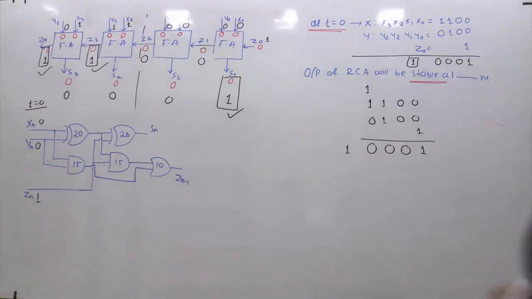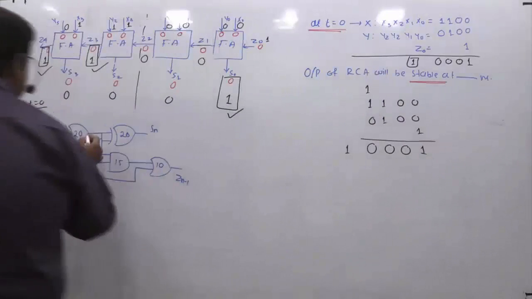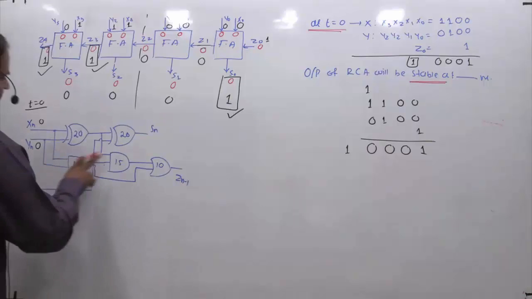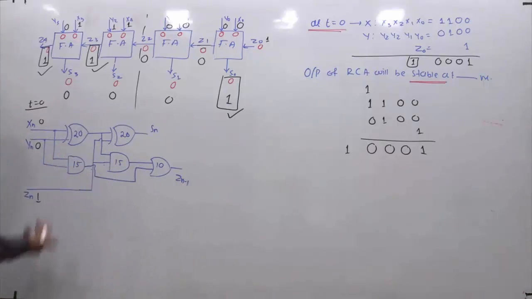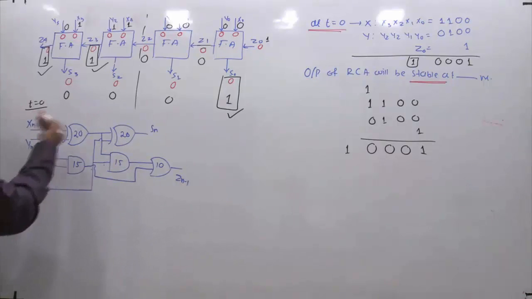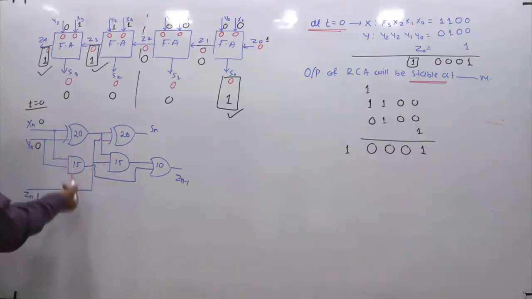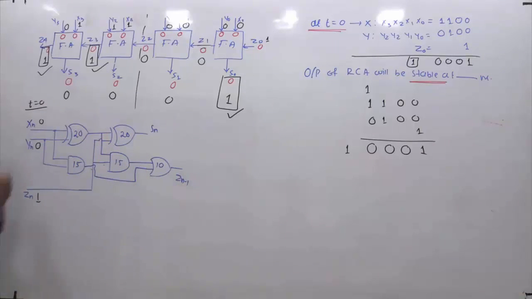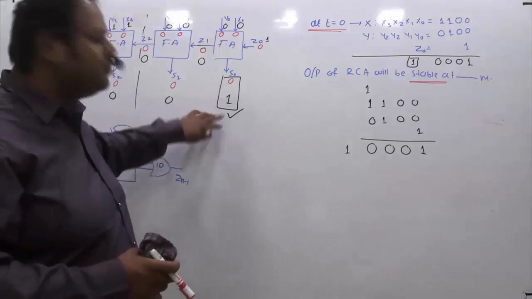Initially, because everything was in the reset state, all the outputs of the gates are also 0 by default, because if you make all inputs 0 in XOR, AND and OR gates, the output is 0: 0 XOR 0 is 0, 0 AND 0 is 0, 0 OR 0 is 0. You are making these changes at t equal to 0, so my interest in this case is at what time I am going to get the stable outputs.